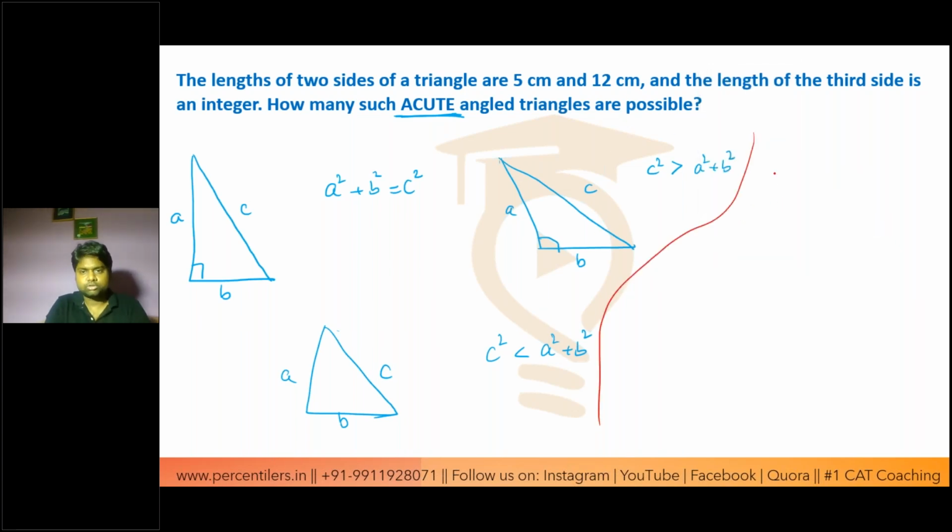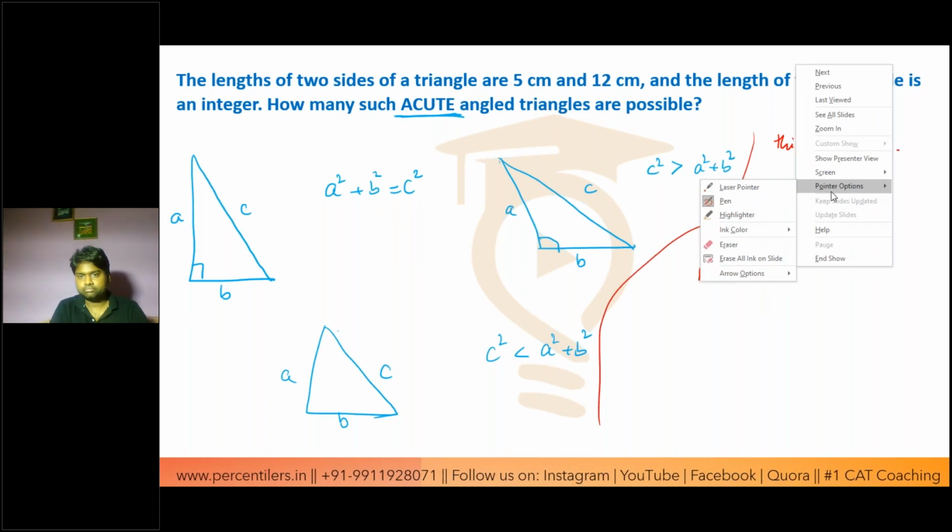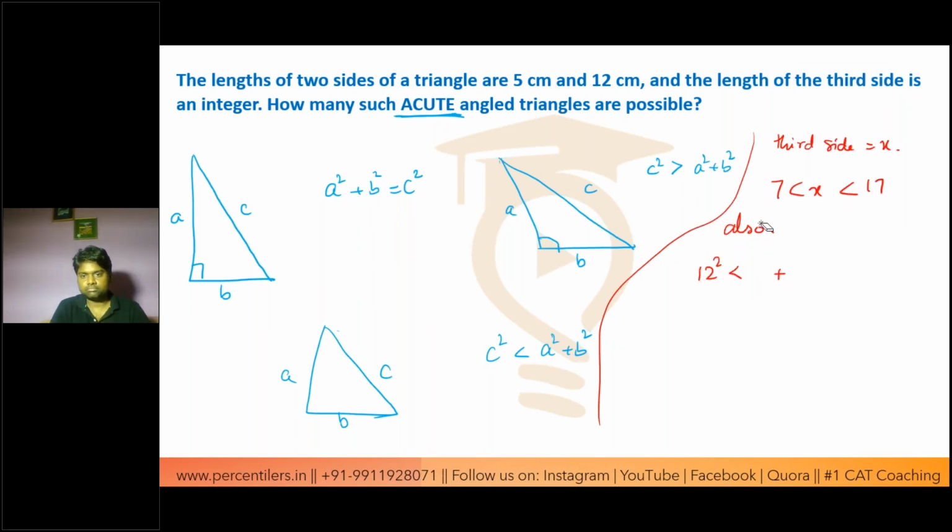Okay, so now our question. So if the third side be X, so one thing we know already, that X is greater than 7 and less than 70. Now also we know that this 12 square should be less than 5 square plus x square.